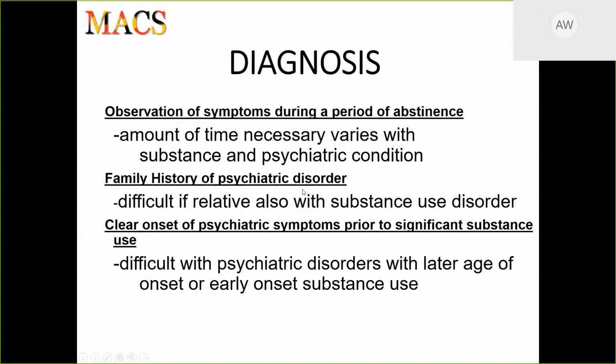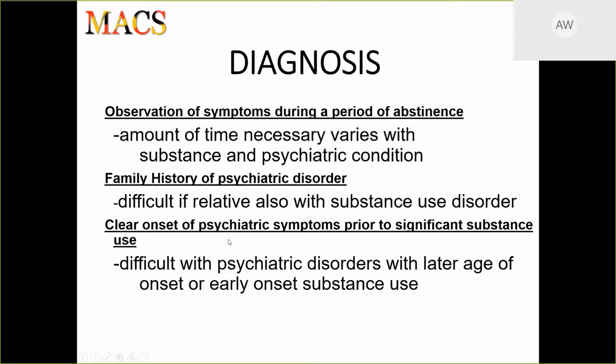If somebody has a family history of bipolar disorder, just statistically, it's more likely that the patient also has bipolar disorder. So that's great if the patient really knows and that's clear. The problem is that Uncle so-and-so that they were always told had bipolar disorder, he also used cocaine. So again, it's nice if you can get that clear history, but that's often not there.